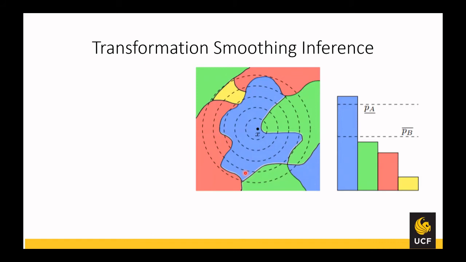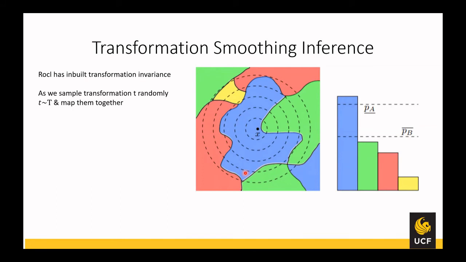And in order to do that, the authors didn't have to do much, because let's see why. In ROCL, we are mapping different views of the transformations into a single domain, a single place. So it has an inbuilt transformation invariance when we are learning at the feature level. We sample the transformations t from the set capital T, and then map these different views together.